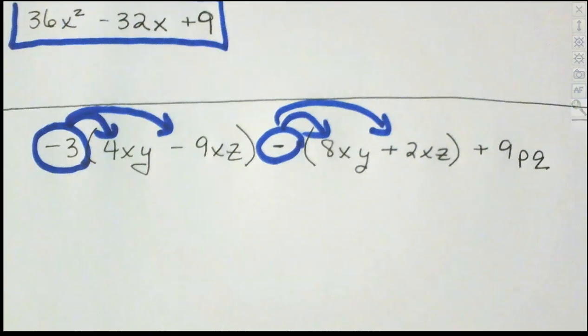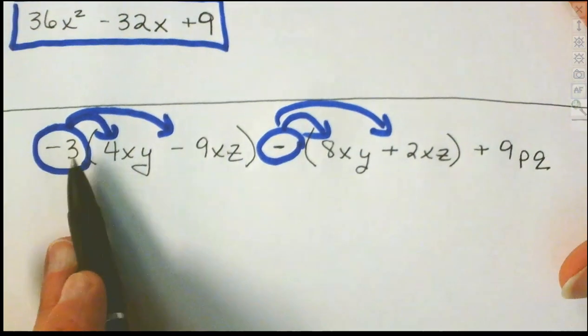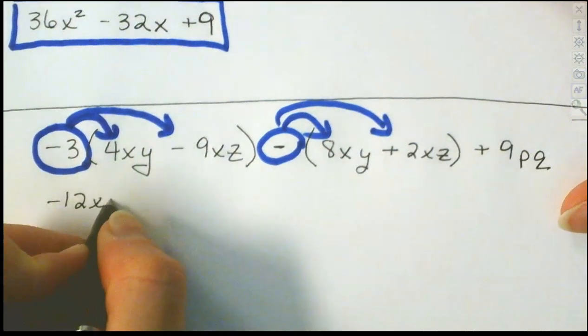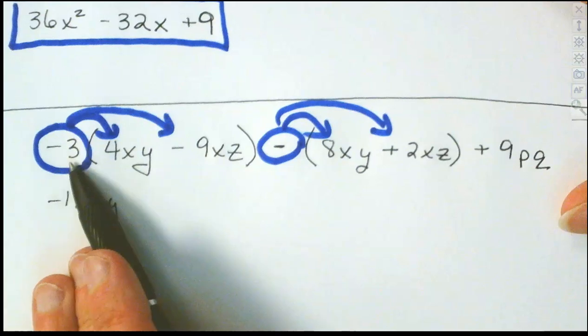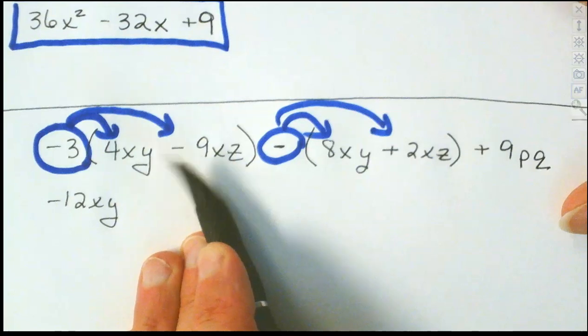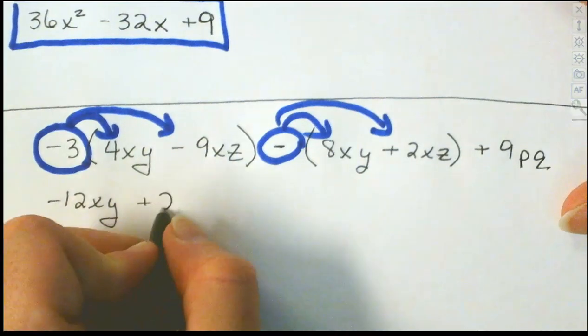So distribute that negative 3 through the first two numbers. Minus 3 times 4 makes it a minus 12xy. Minus 3 times a minus 9, negative and negative, that's going to make a positive 27xz.